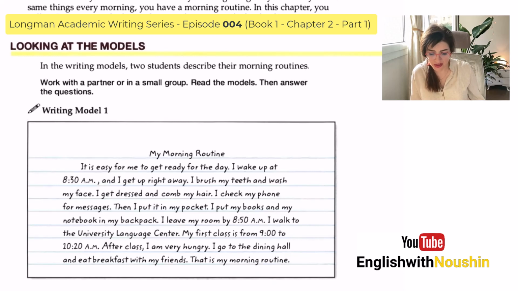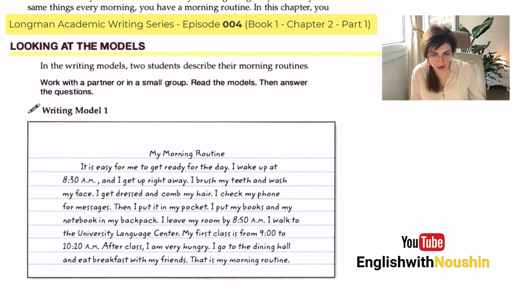I put my books and my notebook in my backpack. I leave my room at 8:50 in the morning or 8:50 a.m. I walk to the University Language Center. My first class is from 9 o'clock to 10:20 a.m. After class, I am very hungry. I go to the dining hall and eat breakfast with my friends. That is my morning routine.